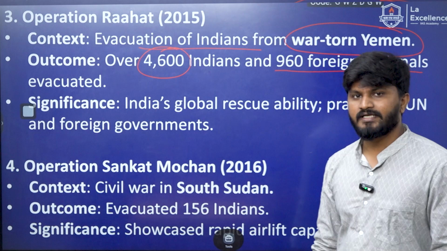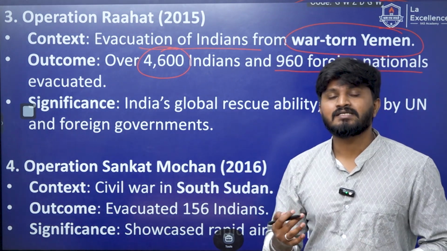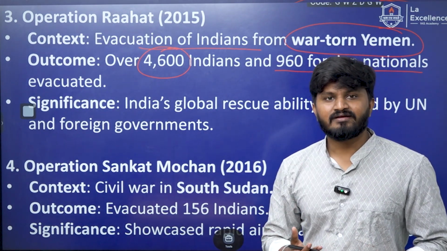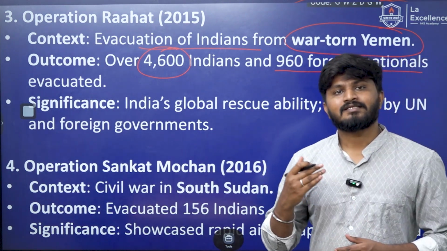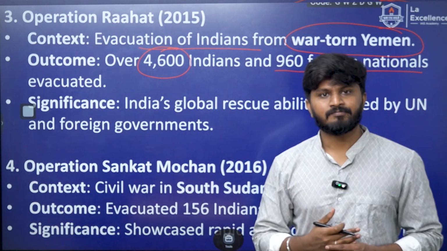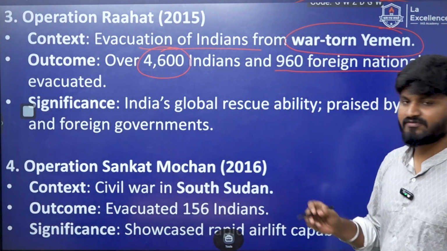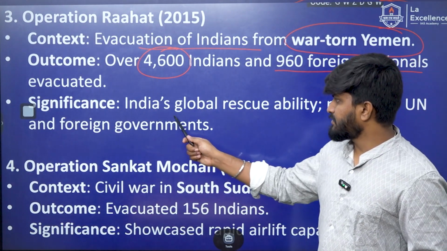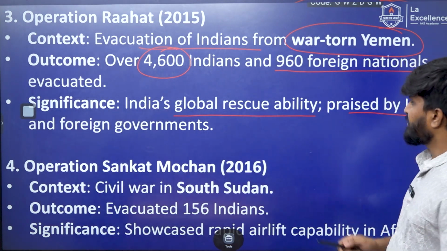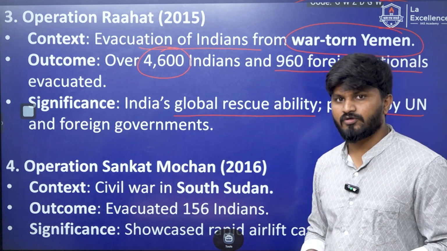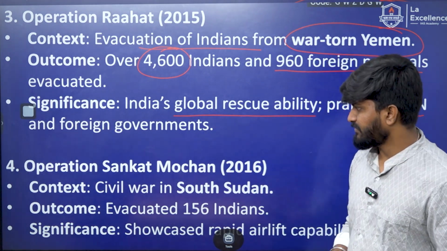So India is not only showcasing its status as a welfare country, but also as a responsible country. Then significance is that India's global rescue ability was signified, praised by the United Nations and foreign governments as well.